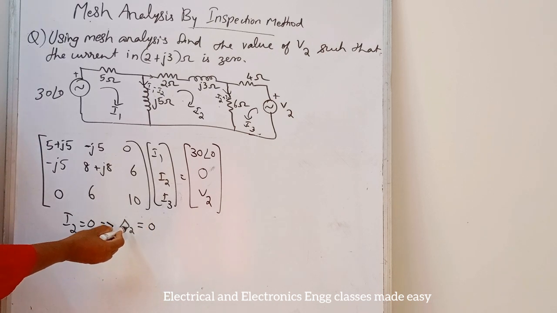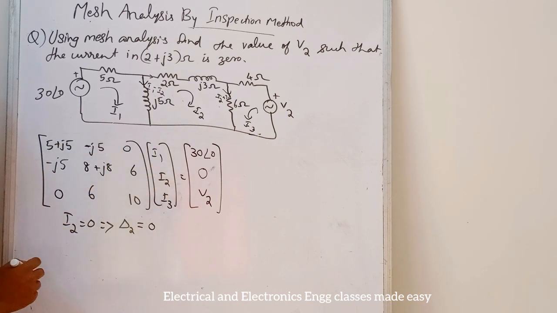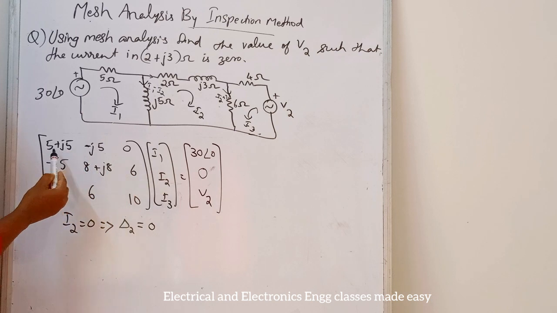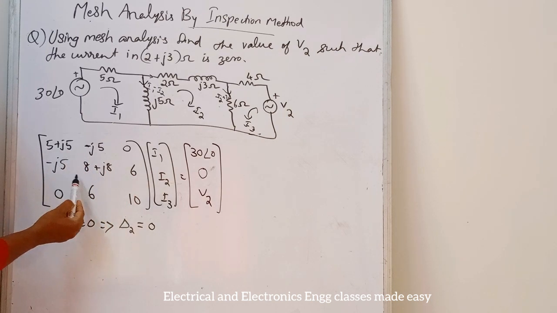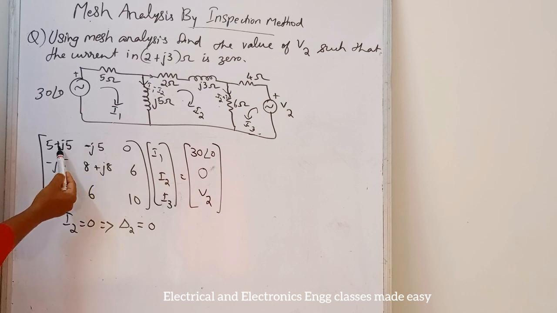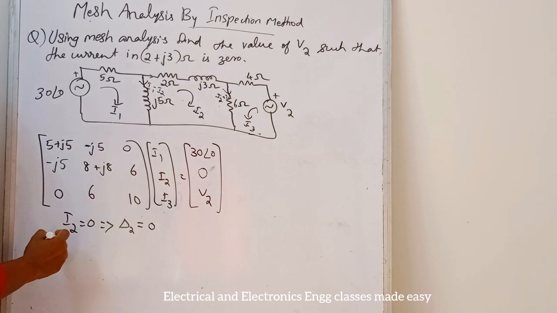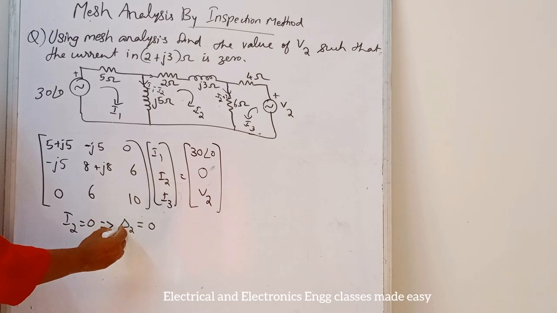So we need only to find delta 2 and equate it to 0. Before that, this is in rectangular form, so first of all we have to convert this rectangular form into polar form. So before that, let us write delta 2.